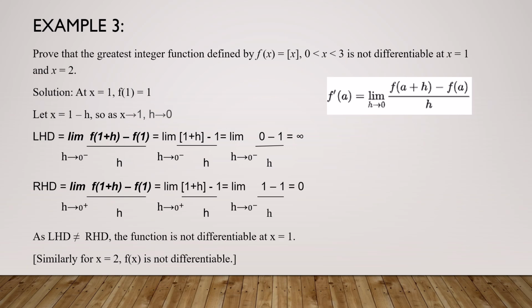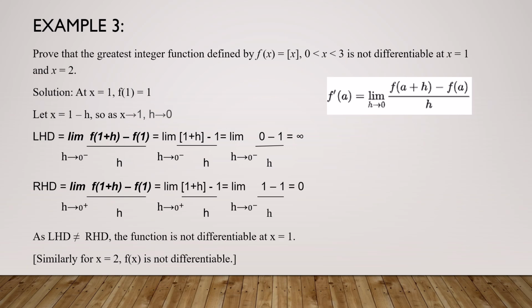Why 1 minus h? Because it is tending to 1. So x is equal to 1 minus h, where h is a very small quantity. So as x tends to 1, your h will obviously tend to 0, and you want to express it in the form limit h tends to 0.